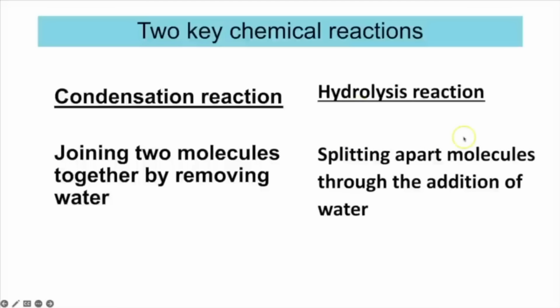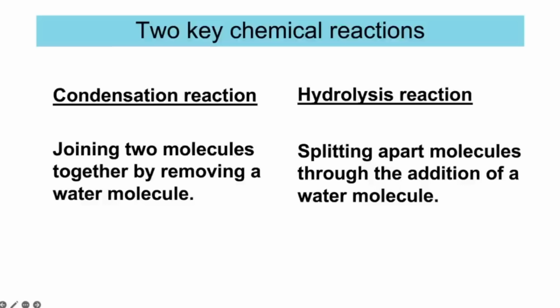Hydrolysis reaction is the splitting apart of molecules through the addition of water, and a chemical bond is broken. Just an extra detail to make this really mark scheme specific for 2025 is you need to say that it is a water molecule for the condensation reaction and a water molecule for hydrolysis, not just the addition of water or the removal of water. It is 1 water molecule per reaction.